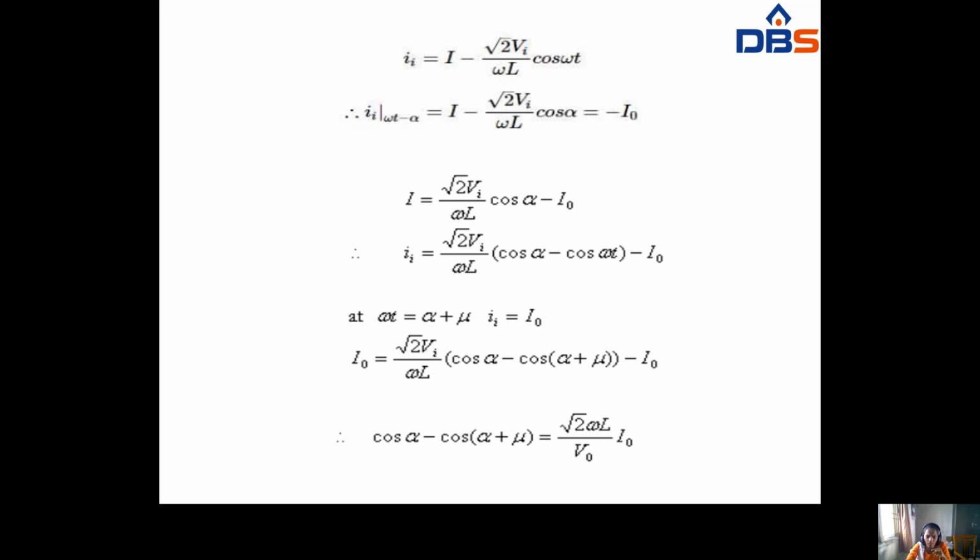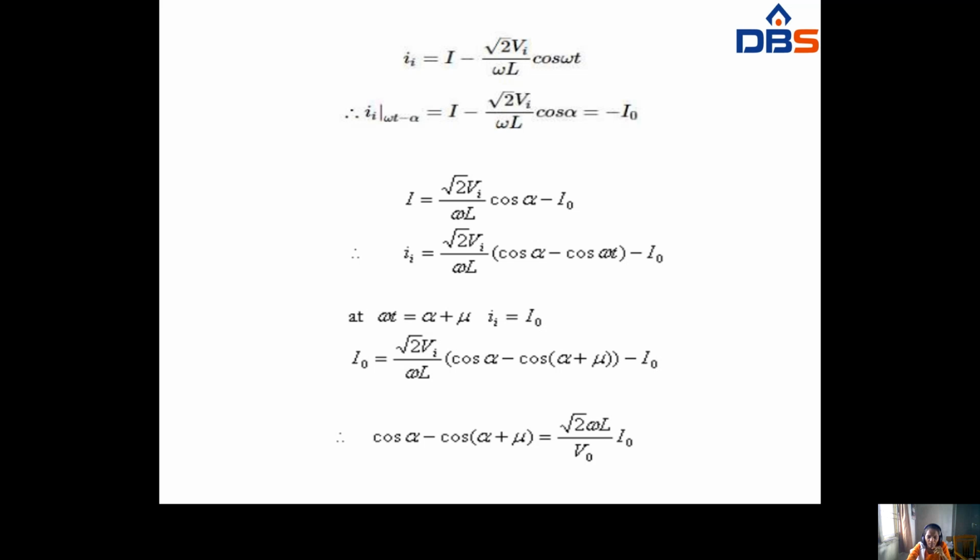So here I equals root 2 Vi by omega L cos alpha minus I naught. By simplifying this, i equals root 2 Vi by omega L, cos alpha minus cos omega t, minus I naught. At omega t equal to alpha plus mu, i equals I naught.